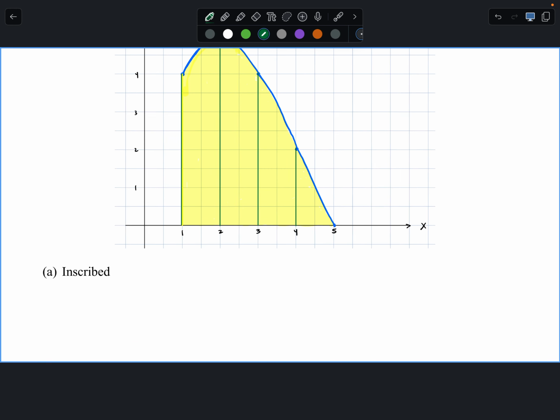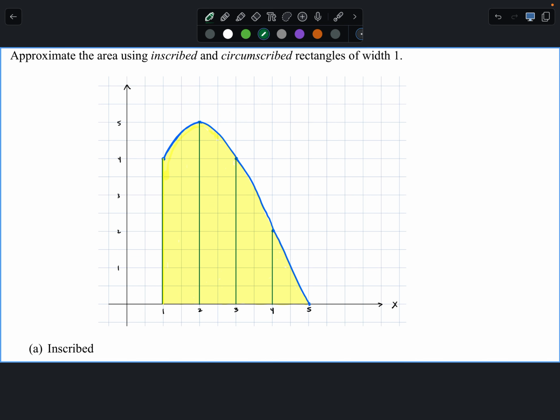Okay. And then for inscribed rectangles, we want to use the smallest function value on the subinterval for the height. So like the first rectangle, we're going to use the left endpoint, which doesn't even necessarily have to be an endpoint, right? But we're not really going to get into the weeds there.